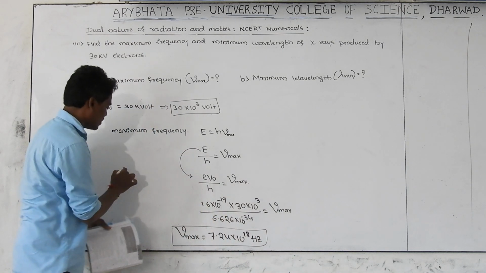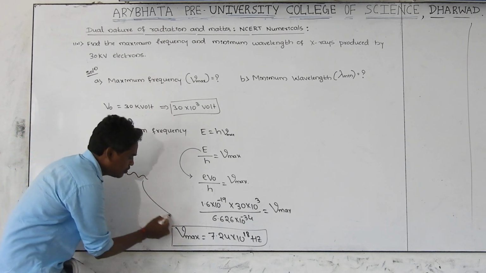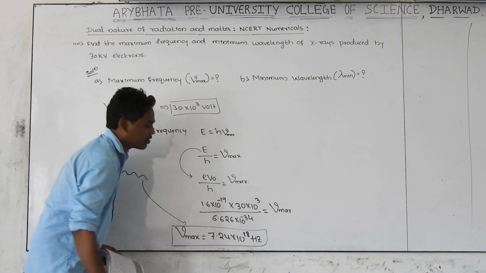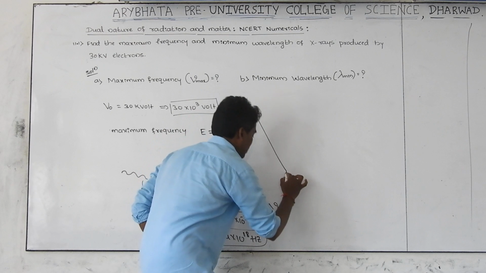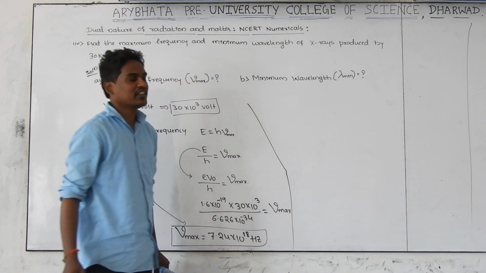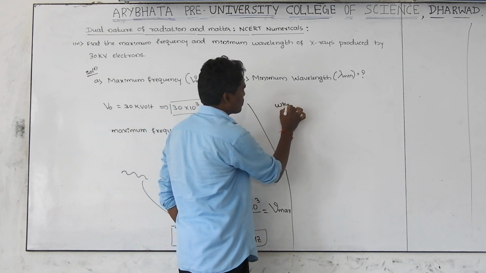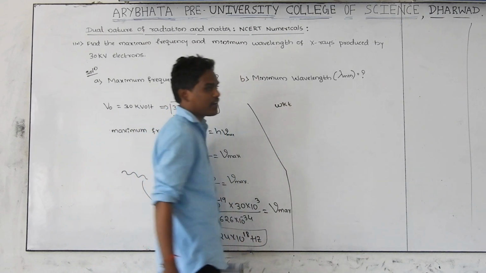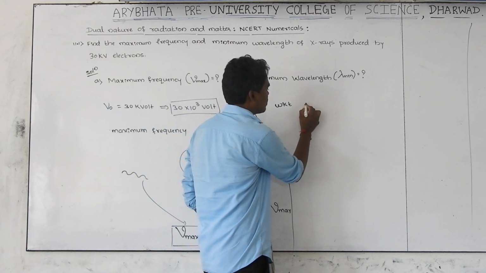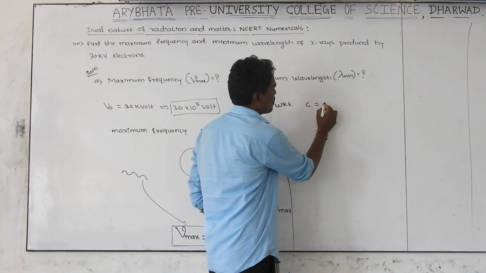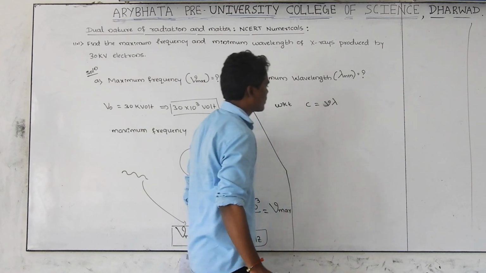Here the X-rays have a frequency equal to 7.24 into 10 to the power of 18 Hz. And second, the minimum wavelength you have to find. As you know, the standard formula is the speed of any electromagnetic radiation or light, c, is equal to frequency into wavelength.